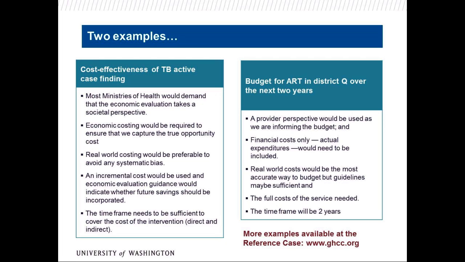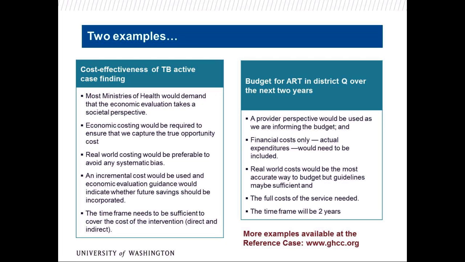It would be incremental, as most cost effectiveness studies are, because you should be comparing current practice to something different, or comparing alternative strategies, and that makes it an incremental cost effectiveness per net benefit achieved. And the time frame has to be long enough to see the long-term stream of benefits.